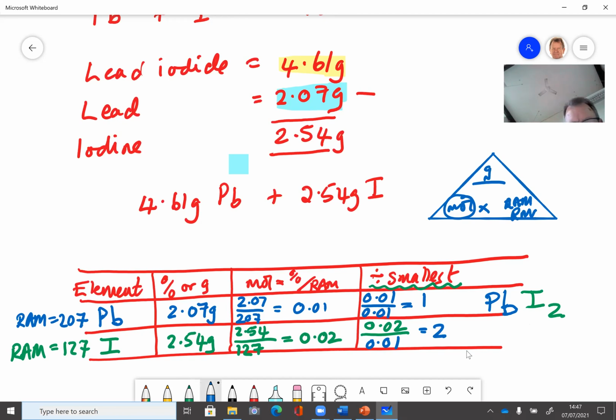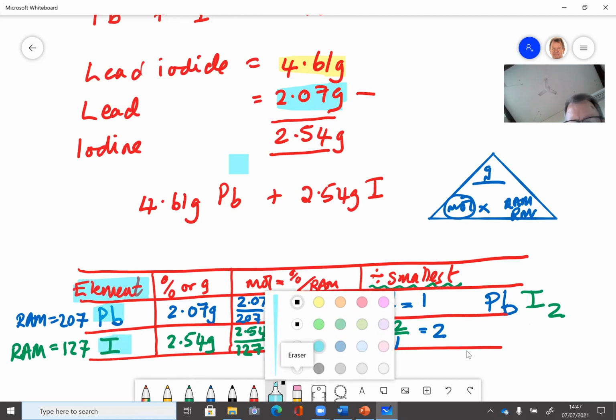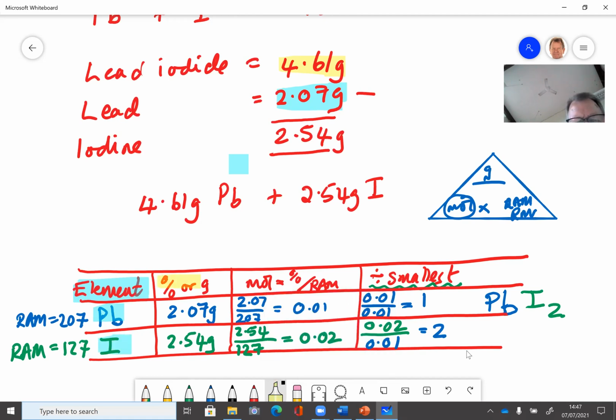Okay? So these are the steps we will go through. We will do another one in just a minute, but that's the steps that I suggest. It's pretty simple. First, we find the element and write down the elements. Then we find the percentage or the grams, which is in the question.